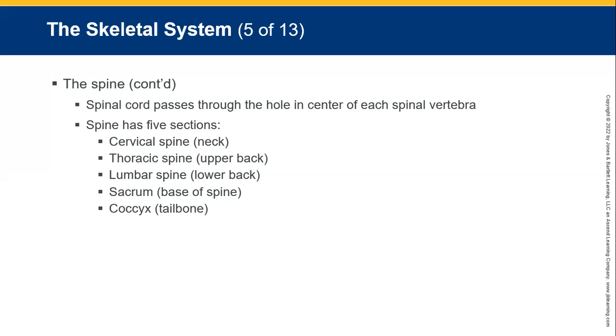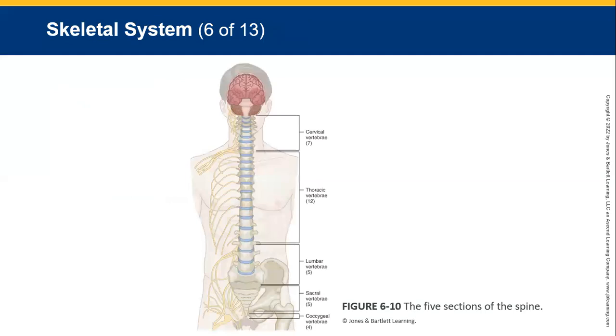It's S1 to S5. The coccyx is the tailbone. Also has nerves running through it and spinal cord, and that is coccyx 1 to 4. Right there, they are in order. You can see them: 1 to 7, 1 to 12, 1 to 5, 1 to 5, and 4.